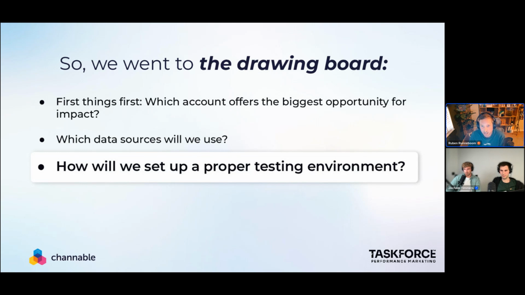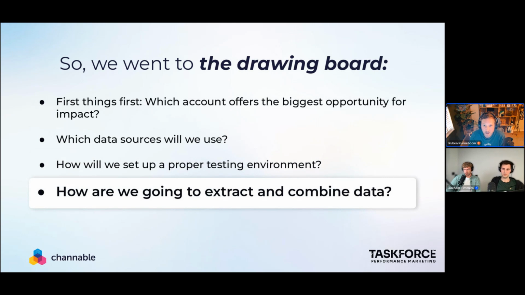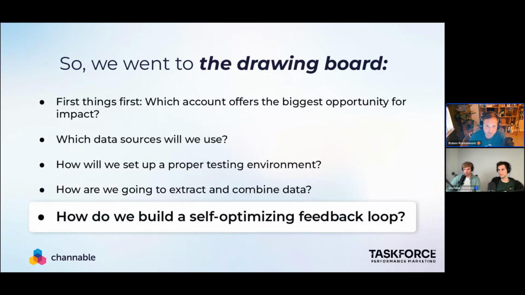Of course, we need to build a proper testing environment, just like I said earlier. We need to think about how we can extract and combine the data in a scalable way. And of course, we want to build a self-optimizing feedback loop, because that's the cool part, that lets AI do the work in this case.